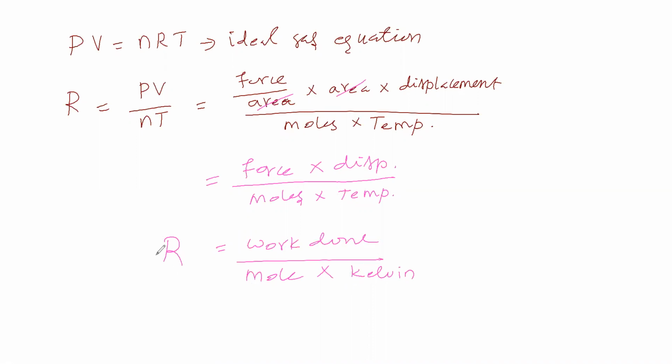So what is the SI unit of this R? The SI unit of R is work done unit, which is joule, per mole and per Kelvin. So we will see some other values for this one. Now we will take this PV is equal to nRT.